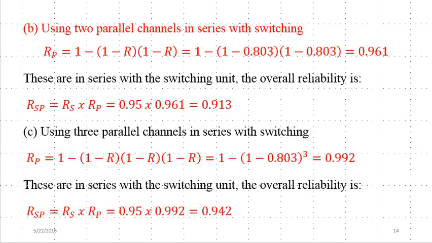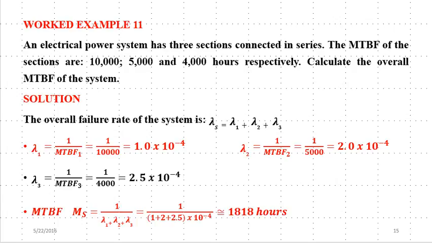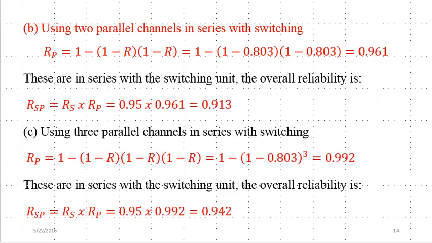But we are told to use single, 2, and 3 parallel units. Now, let us start. This one is for the single, and the one we are going to look at now is for the parallel. So for the parallel, I have 2 of them. I should have 1 minus, in bracket, (1 minus R1) into (1 minus R2). But I didn't put R1 and R2 because it is the same unit that we used twice, 2 of them, 3 of them.